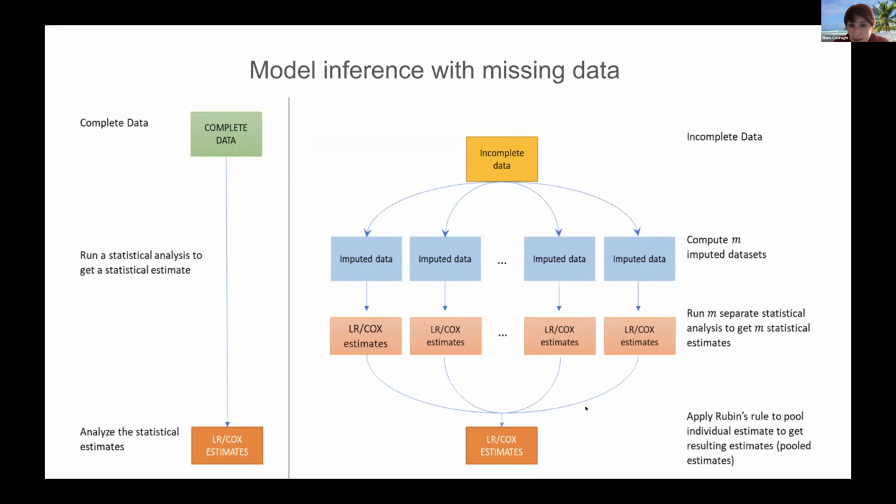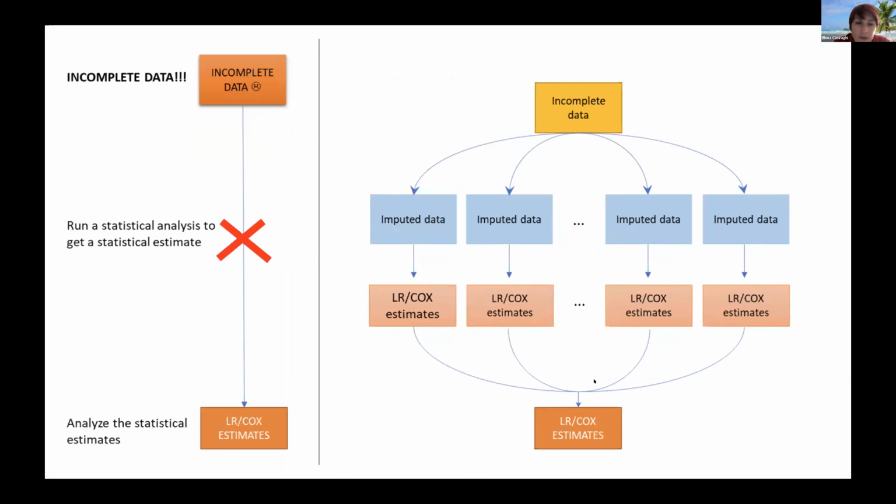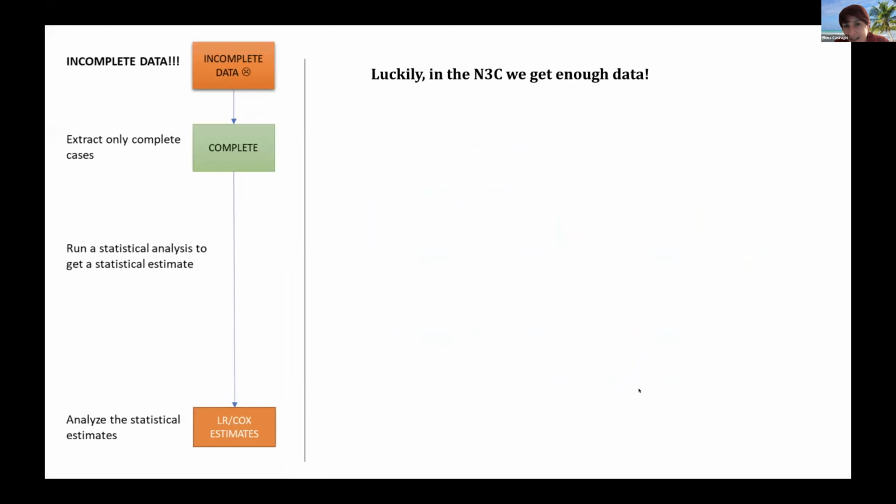But unfortunately, if we go on to the next slide, the reality is that we don't have the complete data, but we start with incomplete data. So how can we get those estimates on the left? And if we go to the next slide, thank God, the N3C provides us the solution, because in the N3C we have enough data.